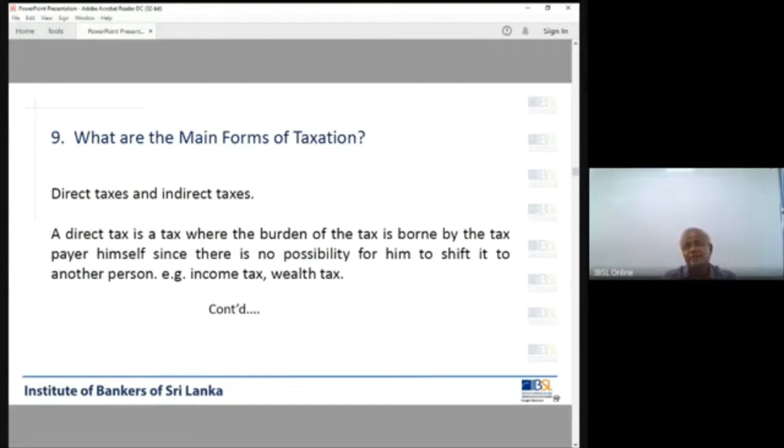It is a burden, but in the case of direct tax, this burden cannot be passed on to another party. But with indirect taxes, traders, suppliers, sellers, companies can pass their burden to the individuals, the consumers, by way of increasing prices. They do. When the sales tax increases, they do that.